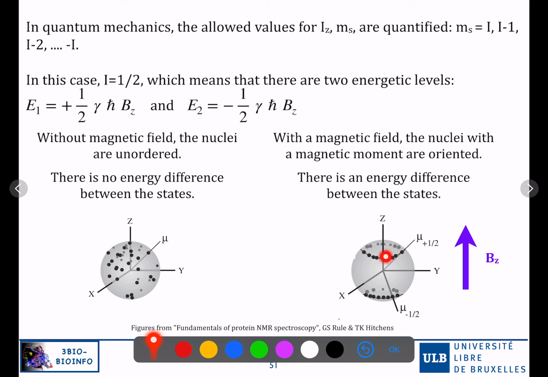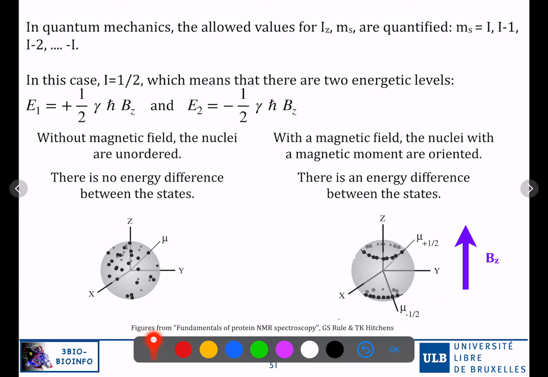And so here you have two possible energy levels, and so you have two possibilities for the magnetic moment. So that's only the case in the presence of an external magnetic field. Okay?